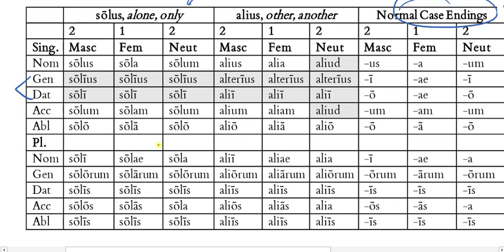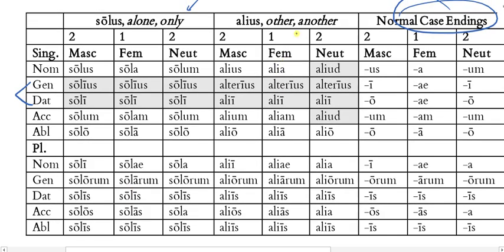Okay? Now with alius, other or another, I have alius, alia, us, a, match, but neuter aliud. So that's our difference here, not um. And then here we're switching to the alter form rather than ali. So alterius, alterius, alterius. Again, e, ae, e are definitely not reflected here.